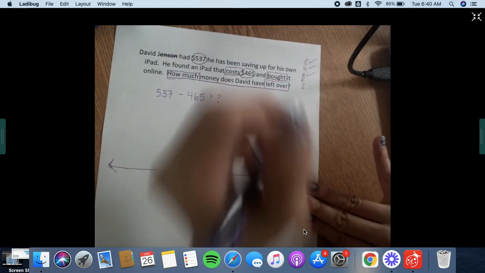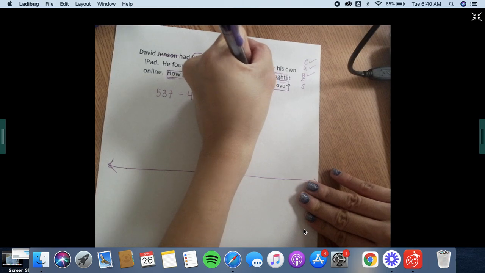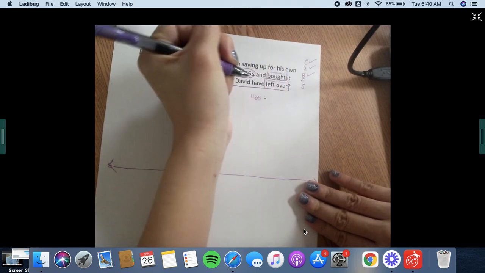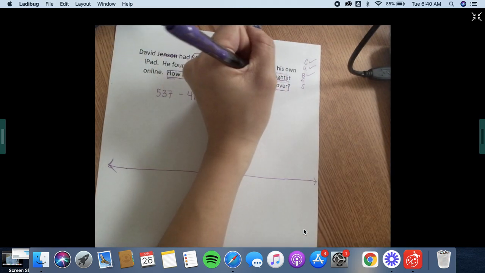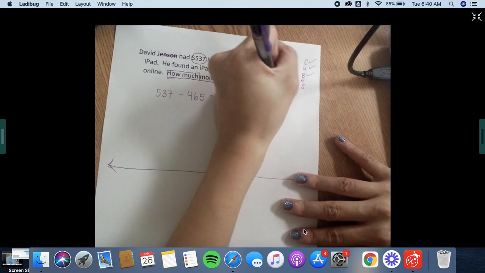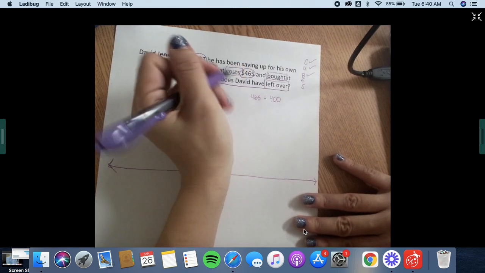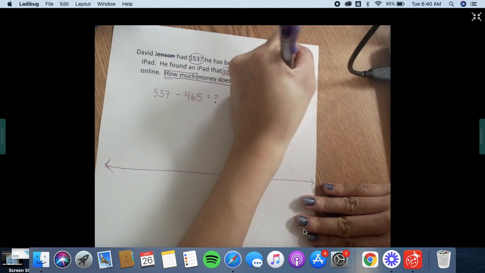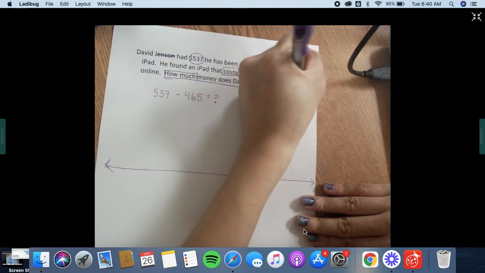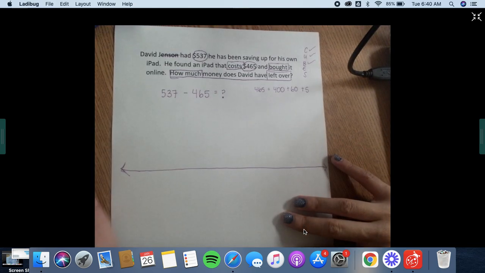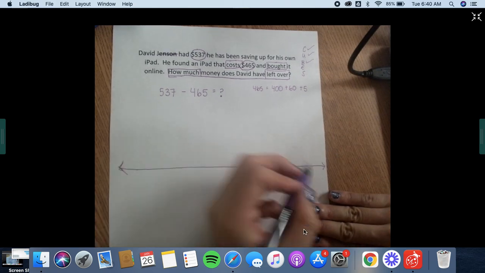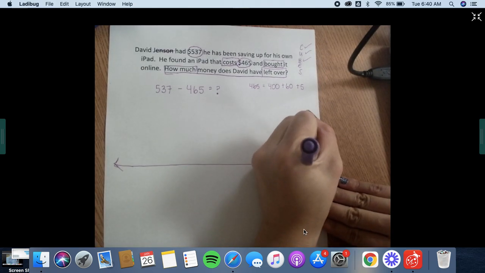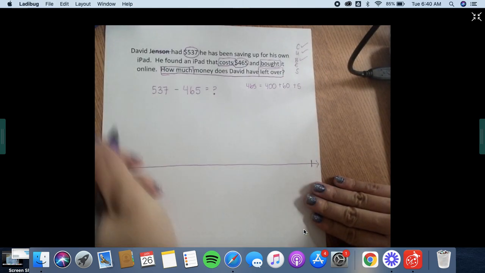And so 465 can be broken down into expanded form, which could be 400, because the 4 is the value of my hundreds place, plus 60, because of the value of my tens place, plus 5. And since we're subtracting, I'm going to start at the right of my number line, and we're going back.